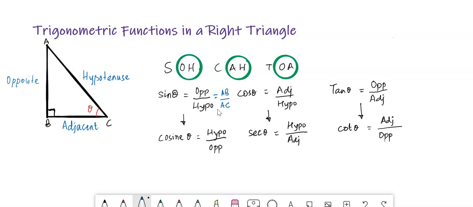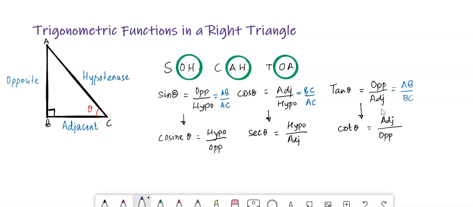In the same way, cos theta is adjacent over hypotenuse, which is BC over AC. And tan theta is opposite over adjacent, so opposite here is AB over adjacent, which is BC.